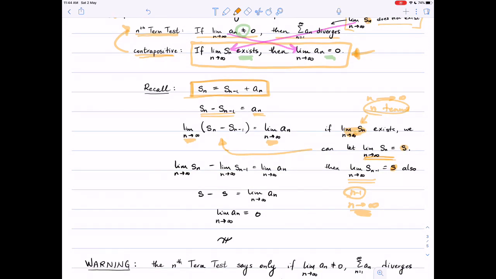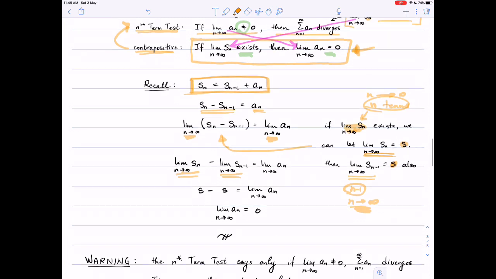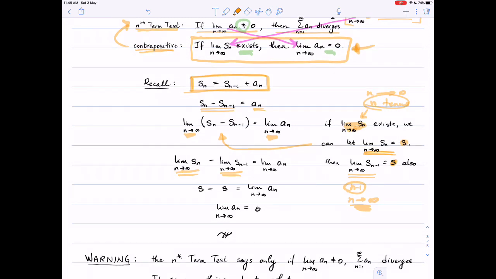So if this limit exists, well, we can apply the limit laws and say that this is the limit as n goes to infinity of Sn minus the limit as n goes to infinity of Sn minus 1. If both of these things are equal to S, well, S minus S gives me 0. And so the limit as n goes to infinity of A sub n has to equal 0.